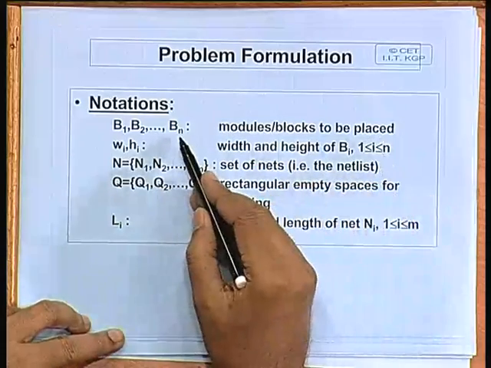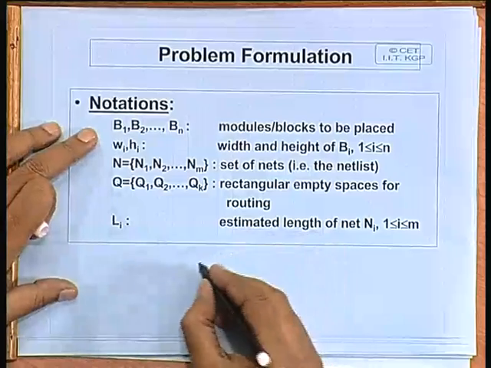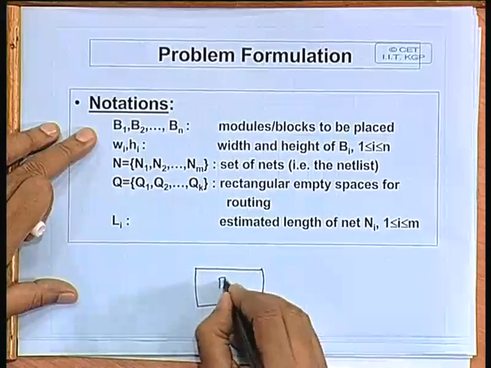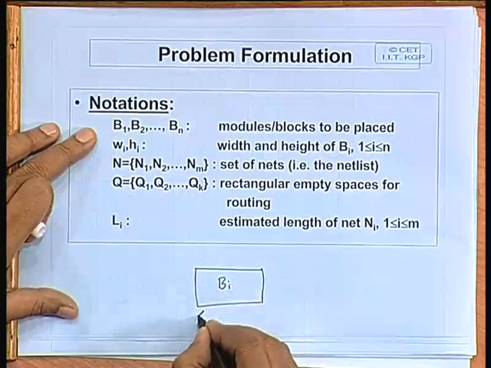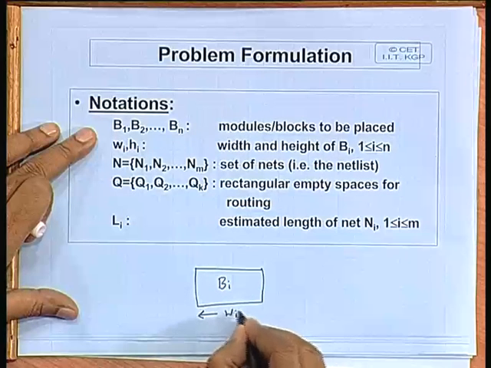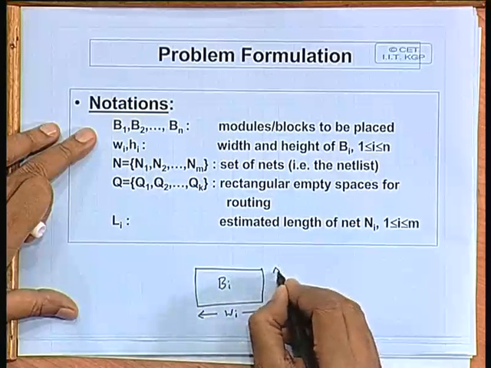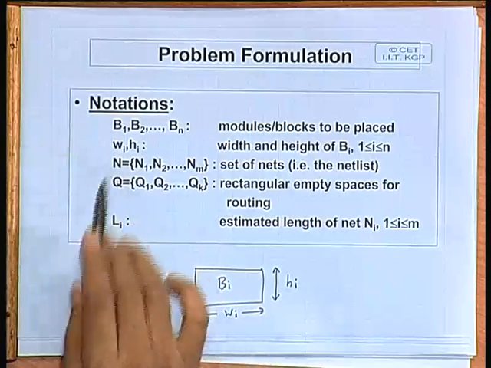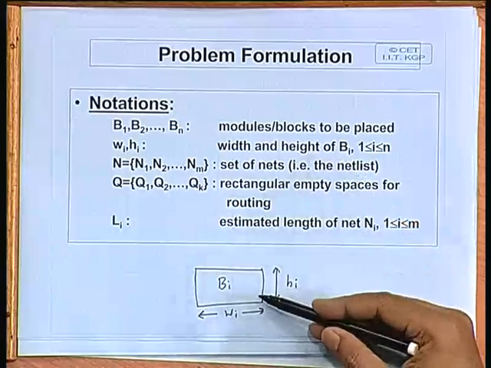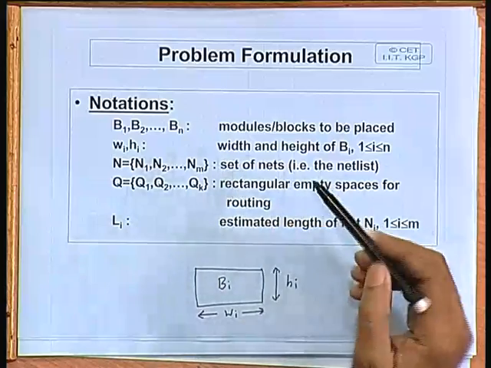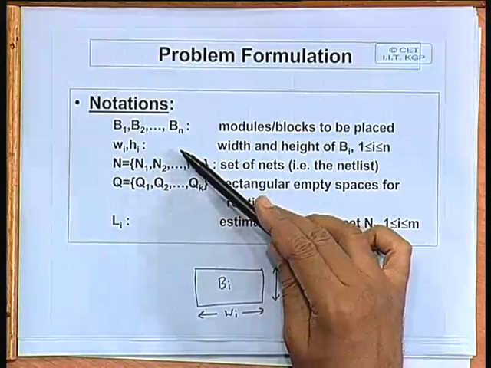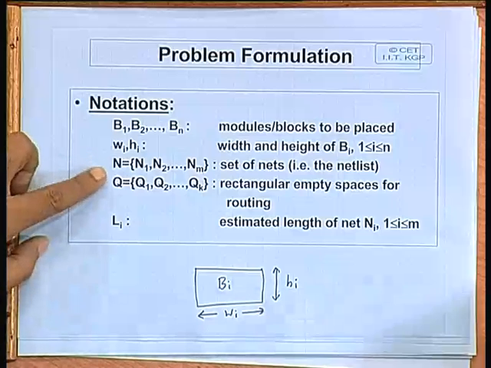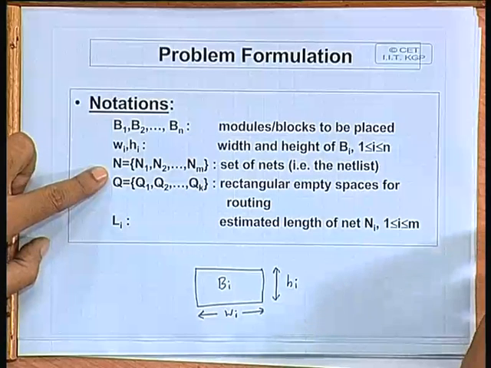There are n such blocks, and each block, say block number i, Bi, will have a width of Wi and a height of Hi. So, Wi, Hi are the width and height of the blocks, which in the placement problem are also given and fixed, and N is the set of netlists.